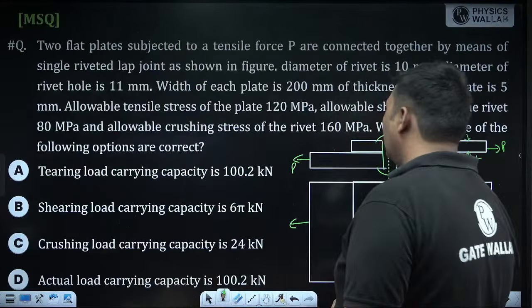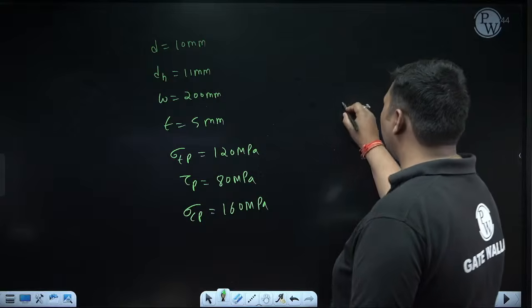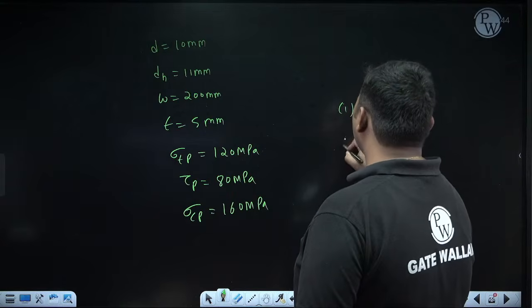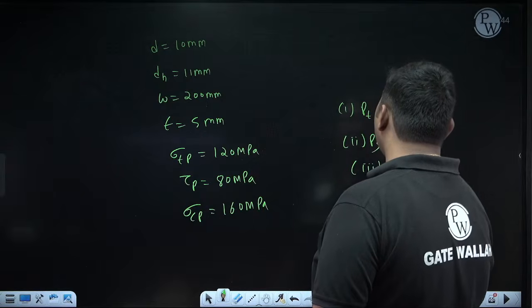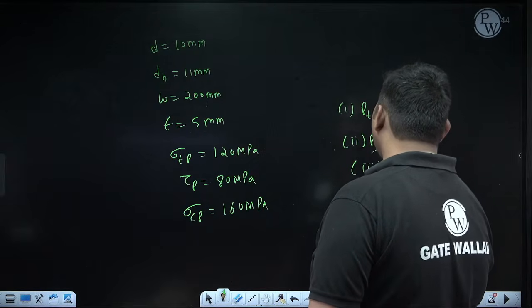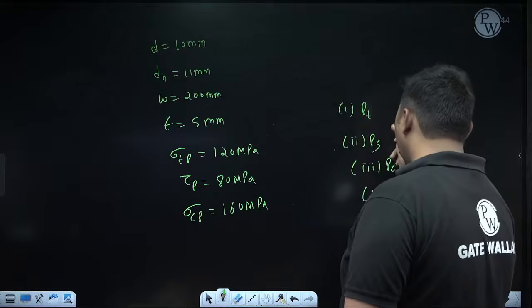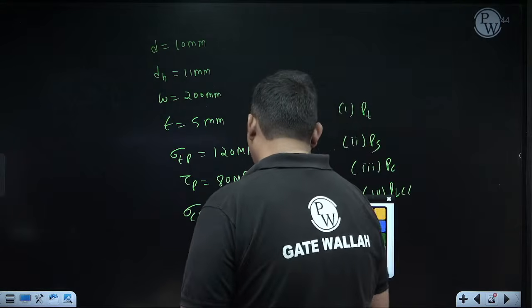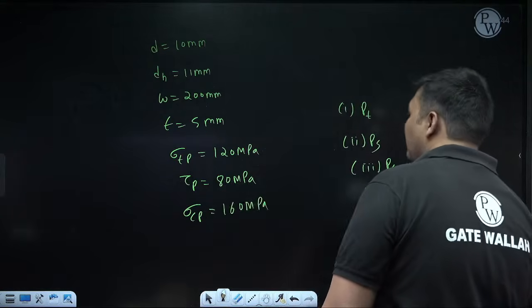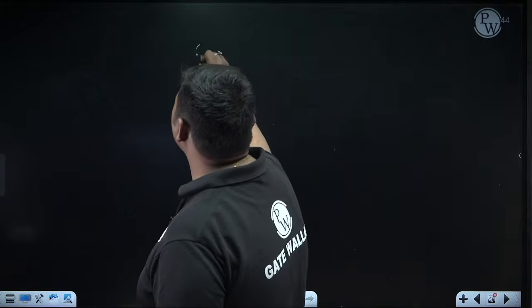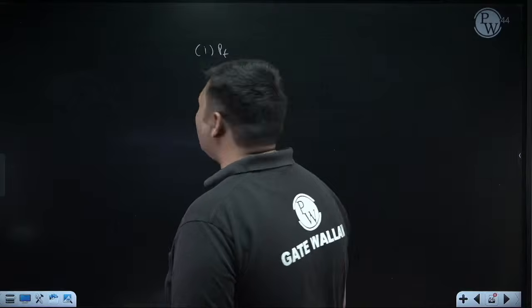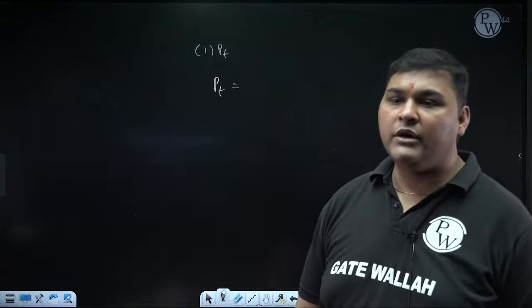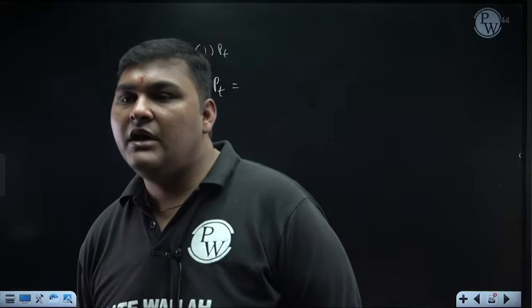We have to find first the tearing load capacity, second the shearing load capacity, third the crushing load carrying capacity, and fourth the actual load capacity, which is the minimum out of all types of load carrying capacity. Now calculating one by one. Suppose first we are calculating the tearing load capacity. What is the method to calculate this? See, tearing load capacity means load capacity to avoid tearing failure.